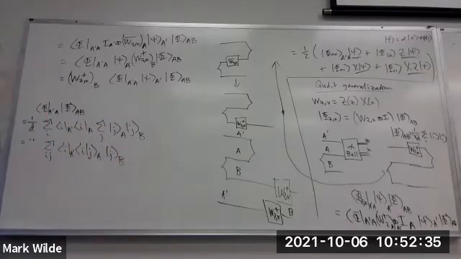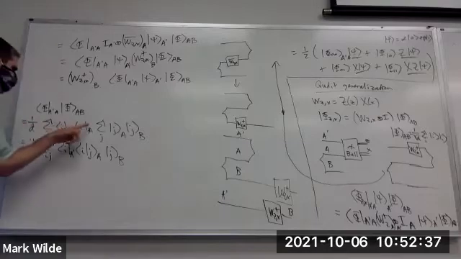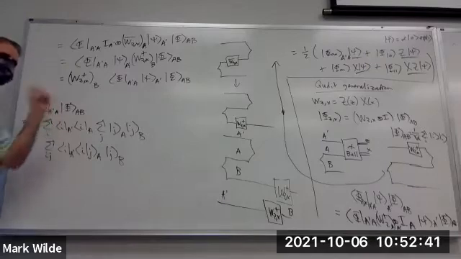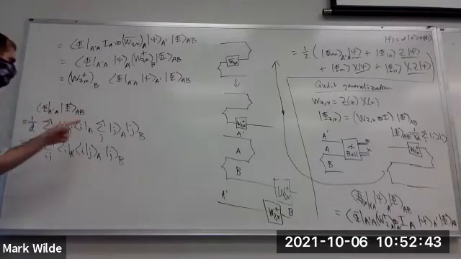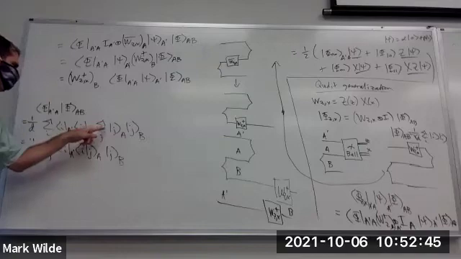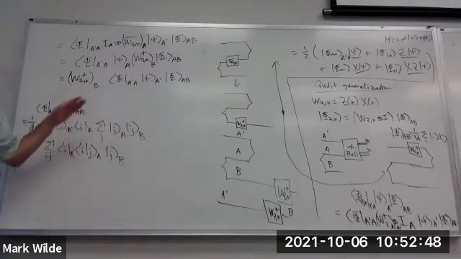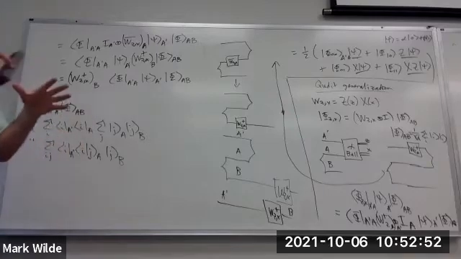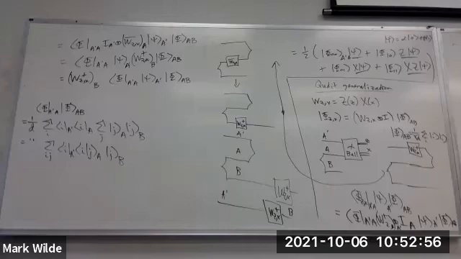Technically, to be totally precise, I would have to take this vector, this bra, and tensor it with an identity on B. And this one I'd have to take and tensor with an identity on A prime. But I'm doing that implicitly. If you work out all the dimensions of the vectors and matrices involved to get a proper combination where the matrix multiplication dimensions worked out properly, you would need to do that. But I'm kind of skipping that.